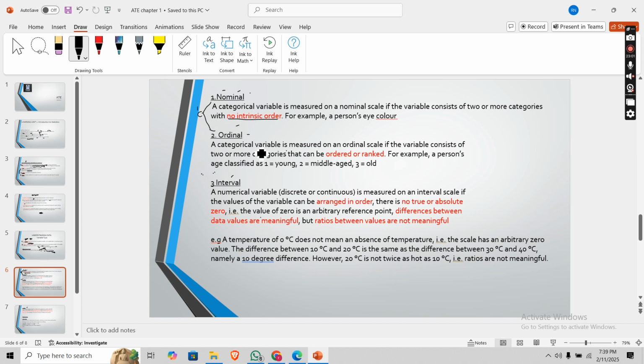Another example is when we are taking data about people's eye color: it doesn't matter whether I start with blue or green, or start with green and end with blue.